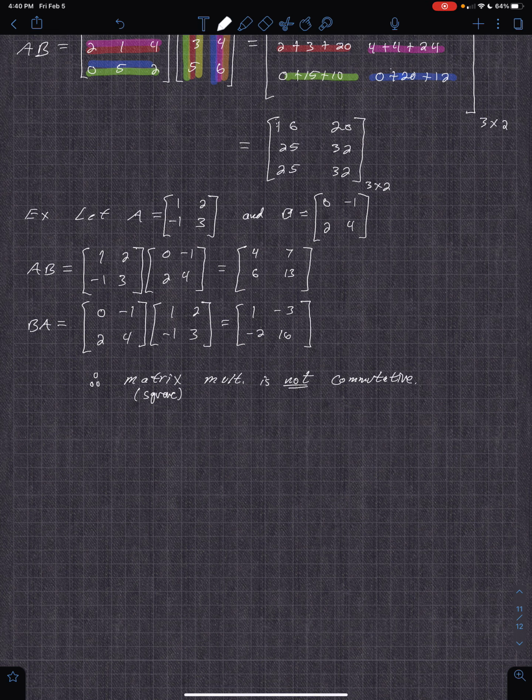All you need is one counterexample, right? So I showed you one counterexample. They have to be square matrices, otherwise the rows and columns won't match up. But it's very clear that you do not get the same thing. Therefore, we conclude it is not commutative.